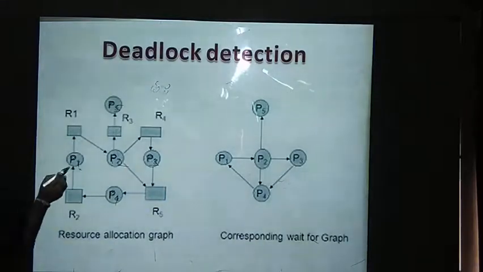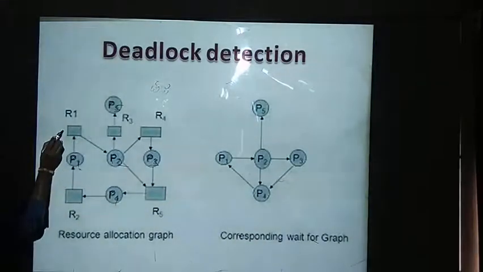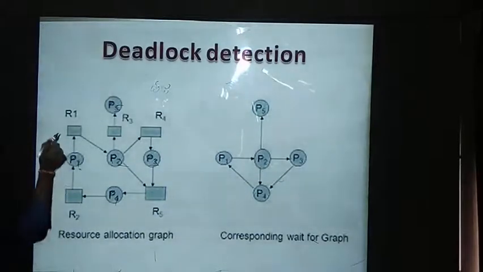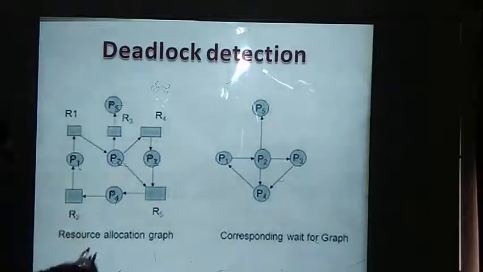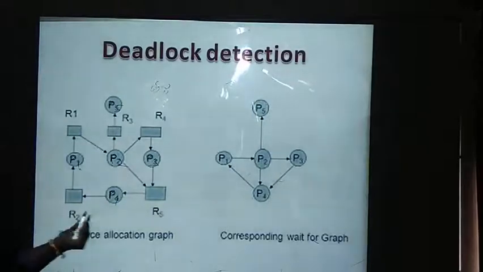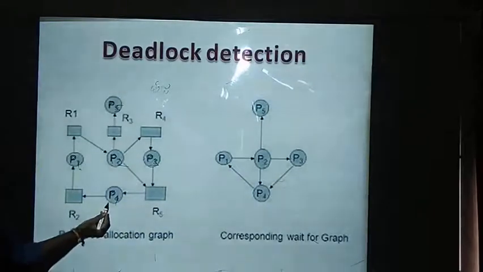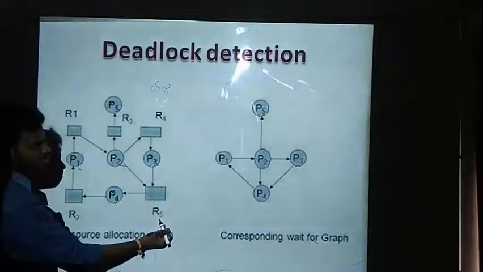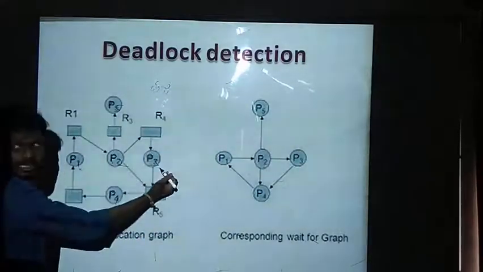Now see, P1 is requesting R1, and R2 is given to P1, and R1 is given to P2. P4 is requesting R2, already R5 is given to P4, and P3 is requesting R5, but R4 is given to P3.